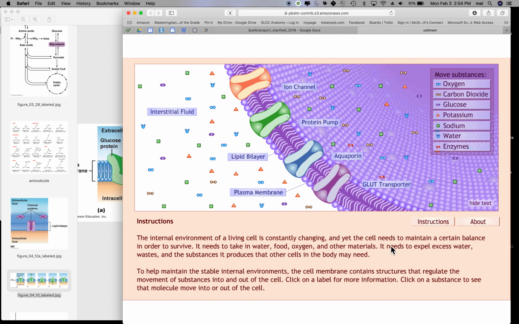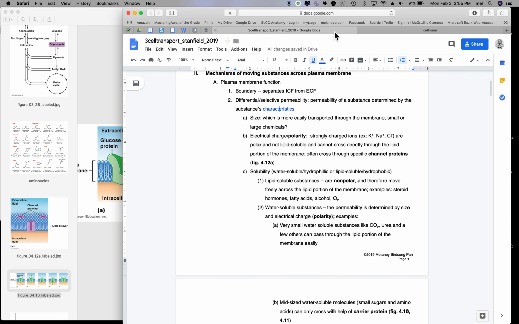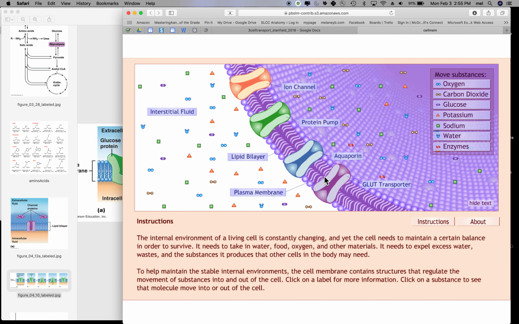So if you have something that is strongly charged like an ion, generally speaking, it's not going to be able to get through the lipid portion of the plasma membrane. So the charge matters, again because they tend to be hydrophilic and lipophobic. Now, can you get them across? Yes, you can, but generally speaking, this is the time in which you are going to need to use a transmembrane protein, a protein that goes all the way across.